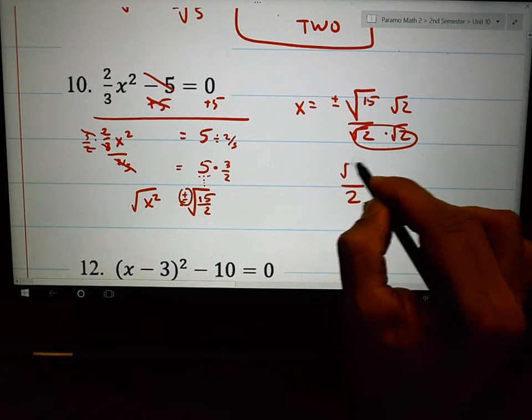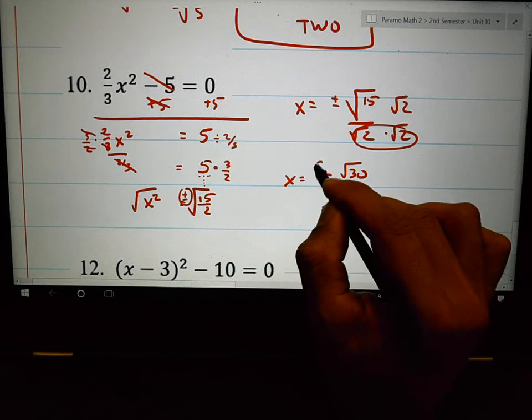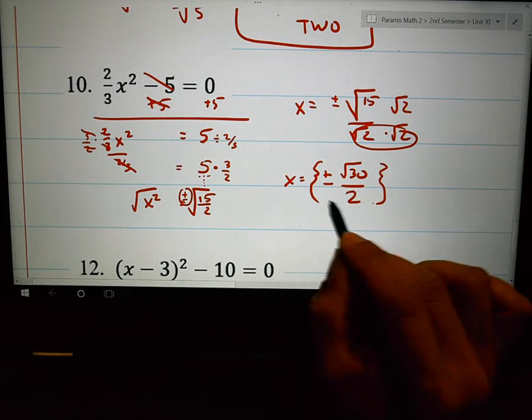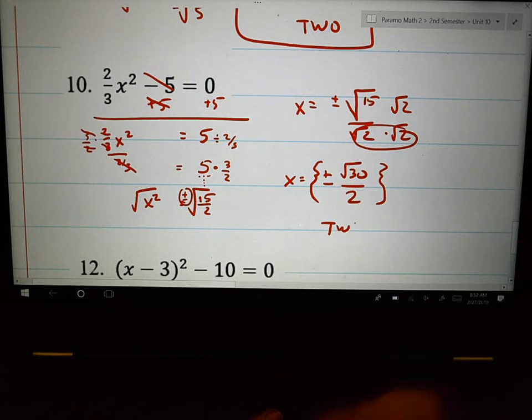Root 30 on top. These are our 2 possible answers. How many possible answers? There are 2 answers there. A positive root 30 over 2 and a negative root 30 over 2. That's where the x-intercepts are. Don't freak out if there's a fraction in it. Use it. Leave it as your answer.